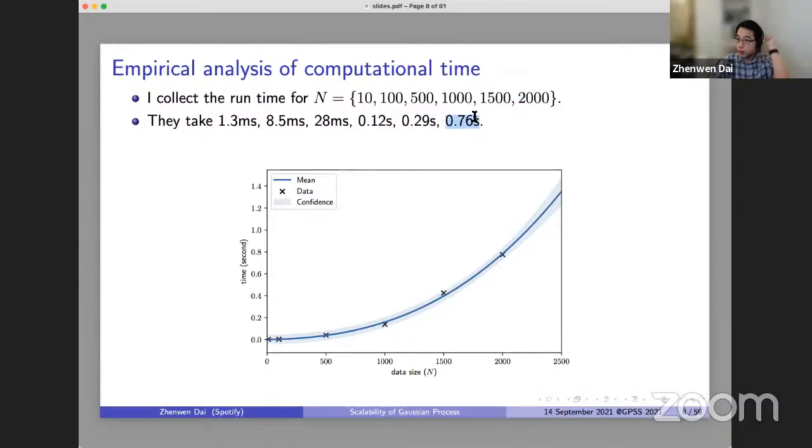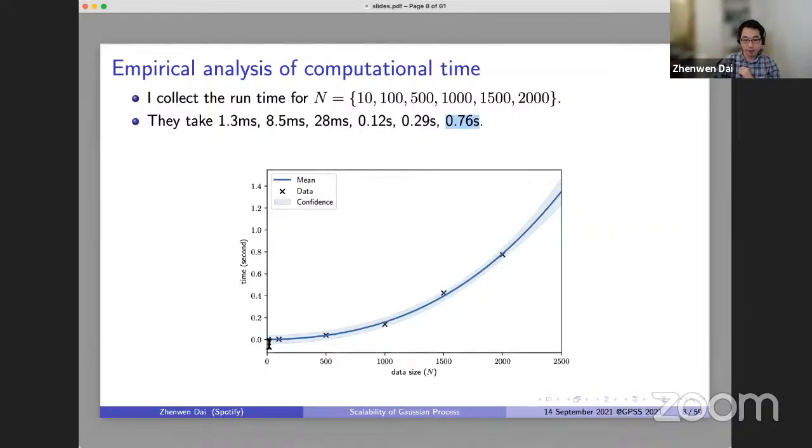And also, we know the computational complexity of this log likelihood calculation follows a cubic complexity. So what I did in this diagram is another meta-analysis. I fit a 3rd-order polynomial Gaussian process based on these 6 observations.